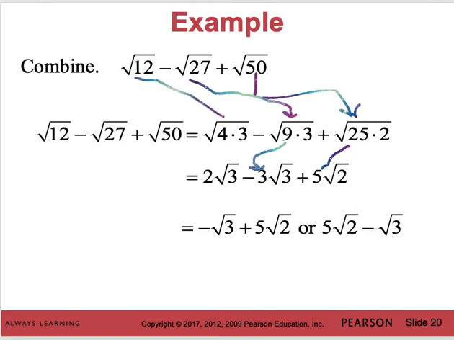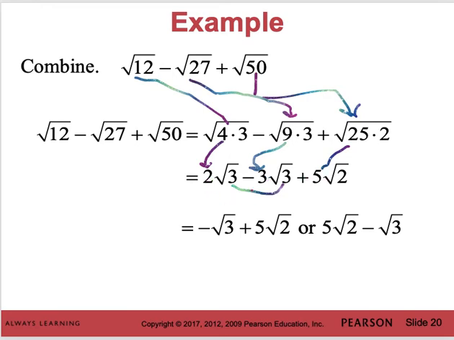And same thing with 12. 4 times 3, 4 is a perfect square, and if we square root 4, we get 2. So our numbers that remain will stay under our radical signs. These two have the same, so we can combine our 2 minus 3, and our 5 would be remaining here.